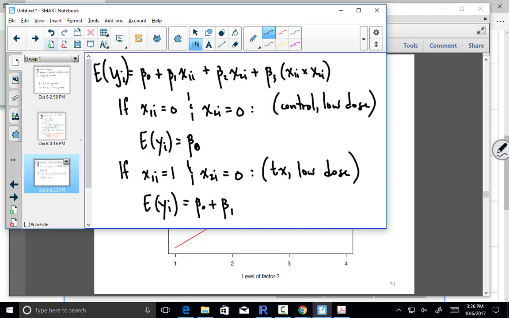That's the mean in the control group, low dose. So how would you interpret beta 1? In words, what is beta 1? It's the mean difference comparing treatment to control in the low dose group.